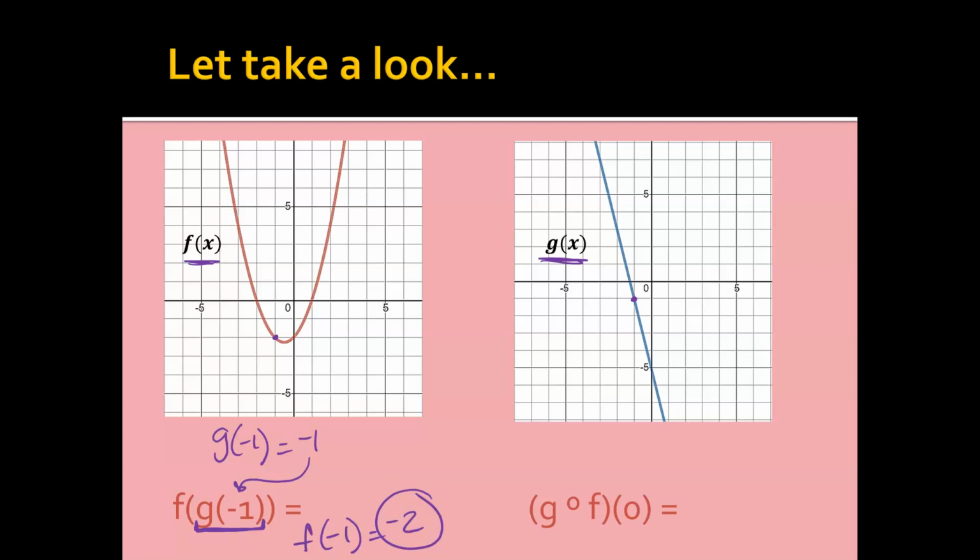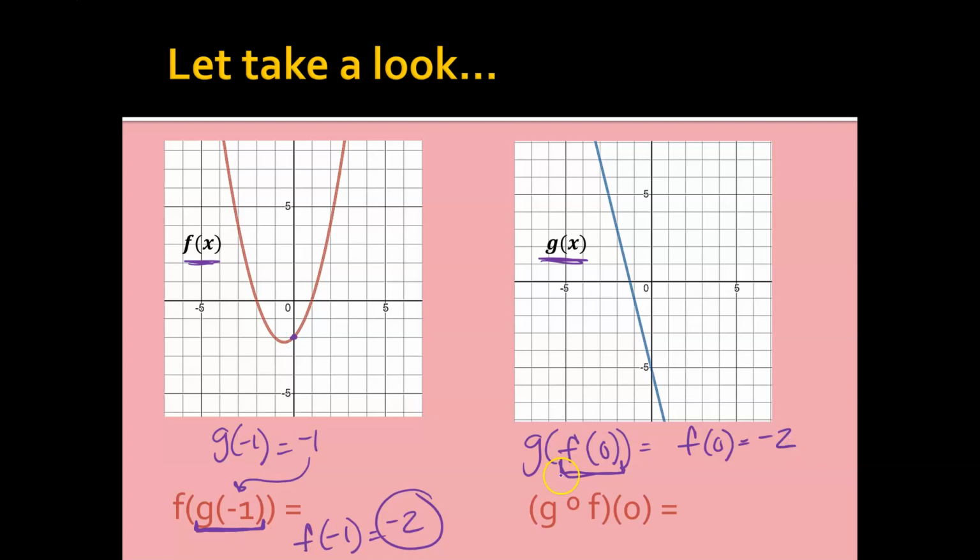Last one, we're going to rewrite it the way we like it. g of f of 0. And guys, you don't have to rewrite it. I like to rewrite it because I feel like it's clear for you guys to see and understand the substitution that's going on. So first I'm going to find f of 0. Okay? So I've got to go to the f graph. So on the f graph, when x is 0, y is -2.